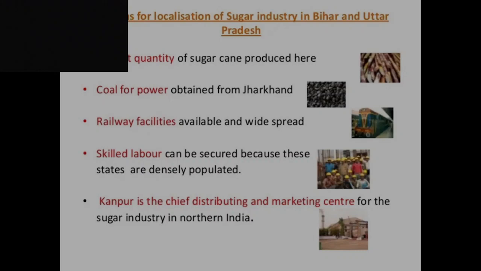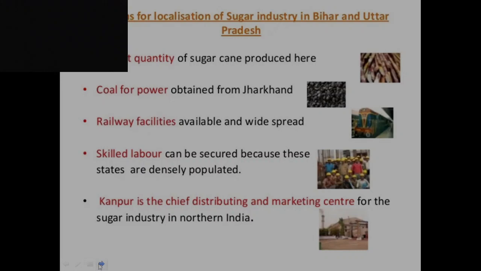Skilled labor can be secured because these states are densely populated, so skilled labor you can easily find. And Kanpur is the chief distributing and marketing center for the sugar industry in northern India. So that is the basic reason for localization of the sugar industry in Bihar and UP.